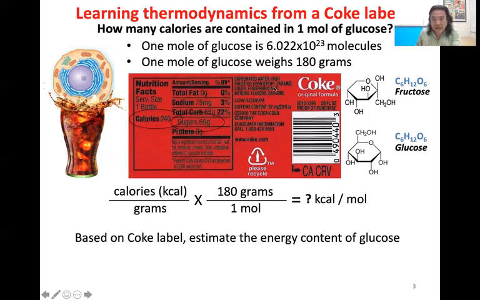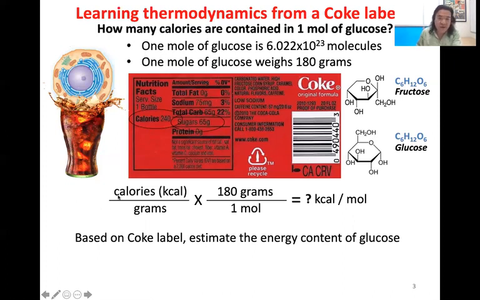I should mention that in this bottle of Coke, the label says that the sugar is in the form of fructose. Fructose and glucose have the same chemical formula, just a slightly different arrangement.